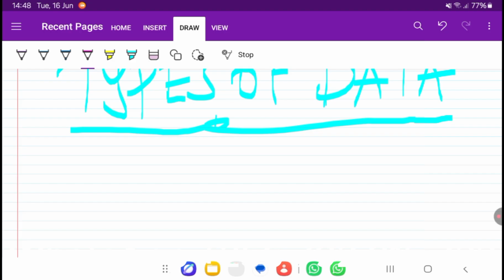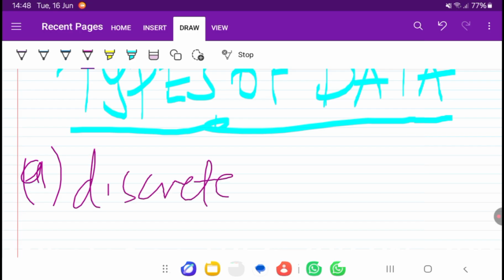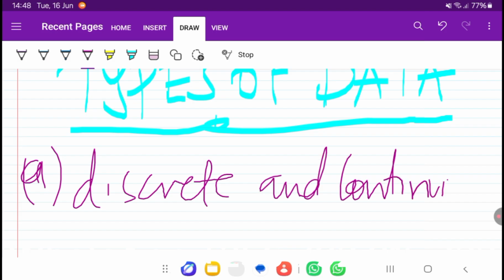Now, we know that data can be categorized into two broad aspects. The first one is discrete and continuous data. That would be the first category.